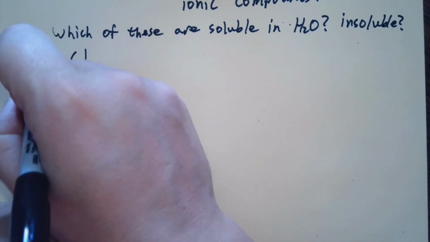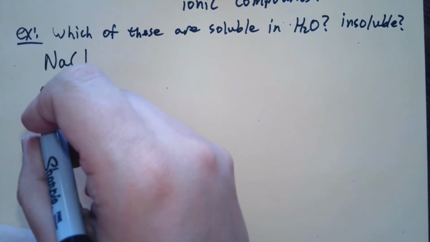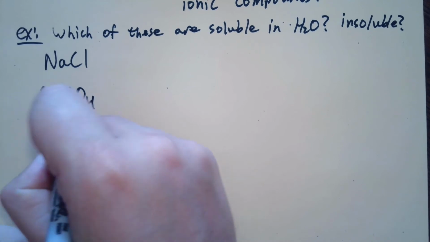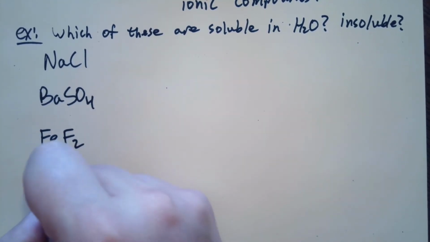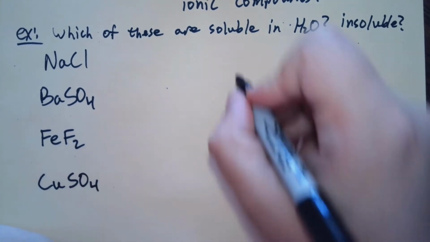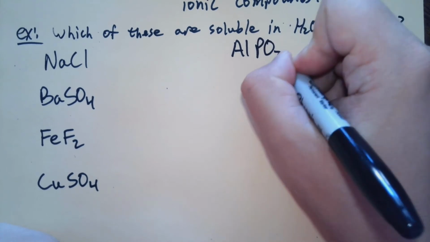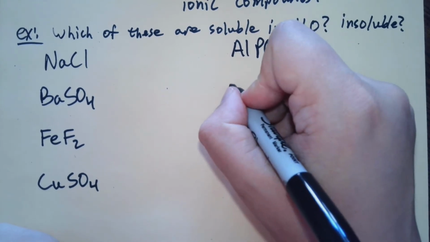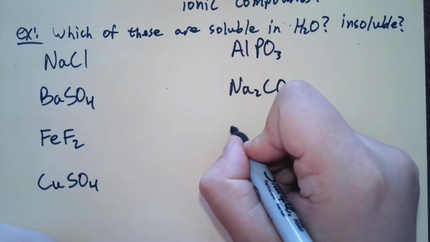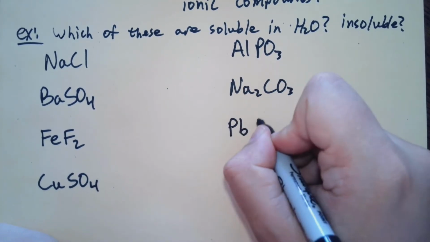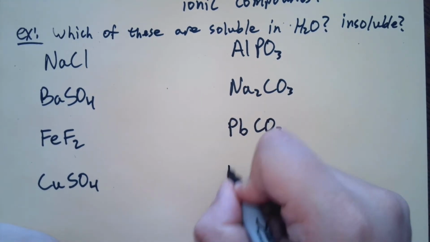You knew it was going to be the first example, come on. NaCl, alright? Barium sulfate. Iron 2 fluoride. Copper 2 sulfate, aluminum phosphate, sodium carbonate, lead 2 carbonate, and magnesium hydroxide.